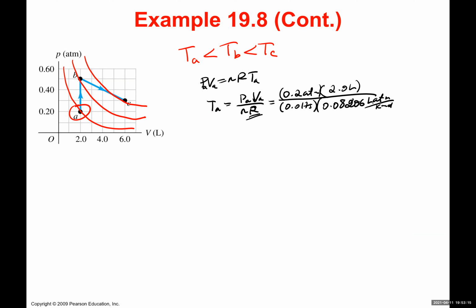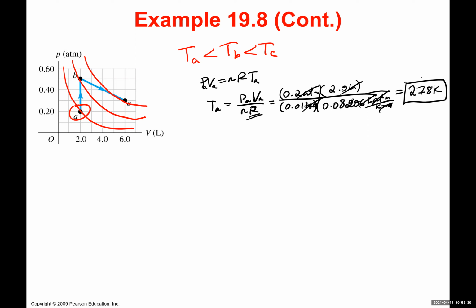Okay, so you can see atm cancels, liters cancels, number of moles cancels, and then 1 over kelvin gives you the temperature. If I do this calculation, I'm going to get 278 Kelvin. If you convert everything and calculate using SI units, you're going to get the same thing.